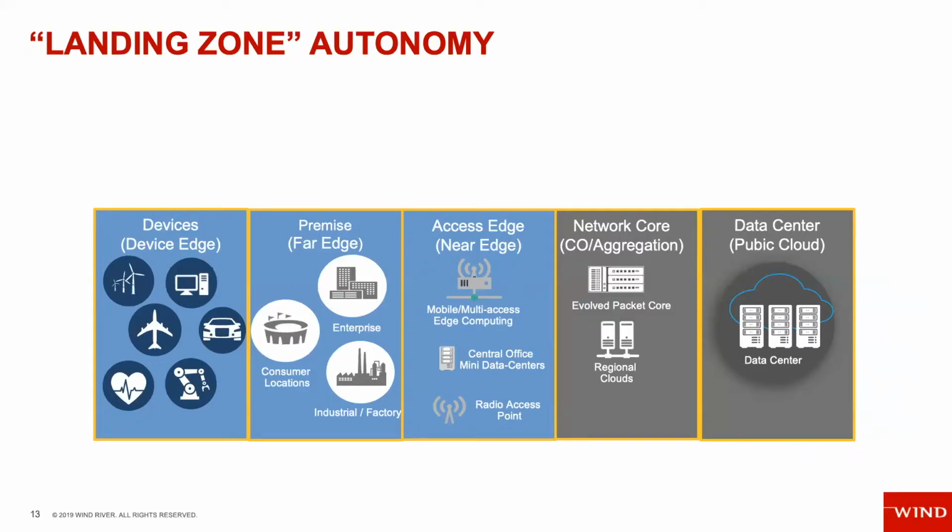There's the near edge in the telco environment, which is really your base stations, your multi-access computing, and a far edge, which is really the on-premise and the stadiums and enterprises and things like that. All of this, we tend to call broad edge, because the edge extends from the devices themselves all the way to the near edge.